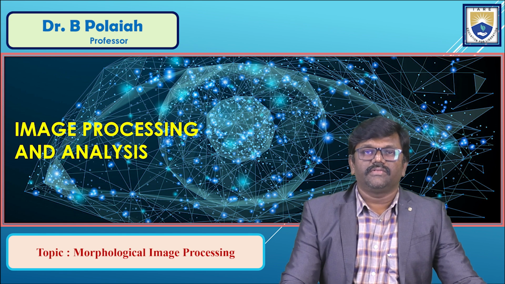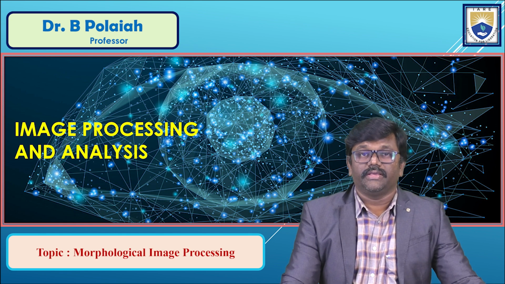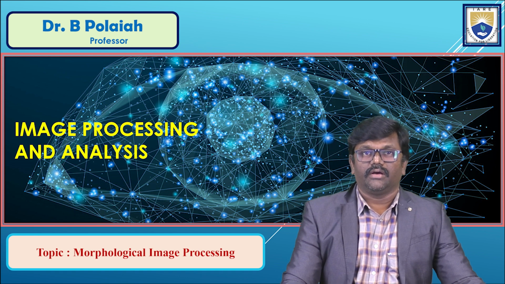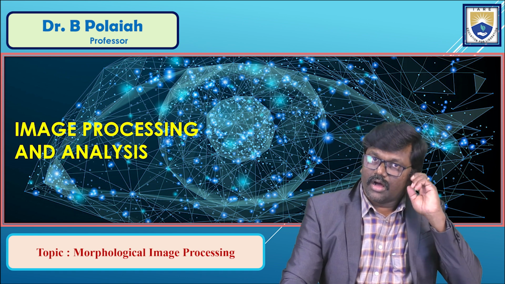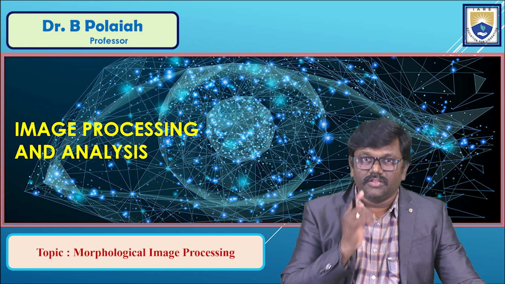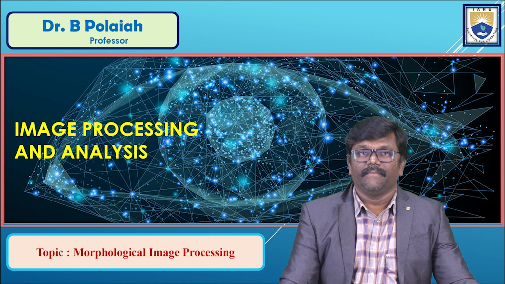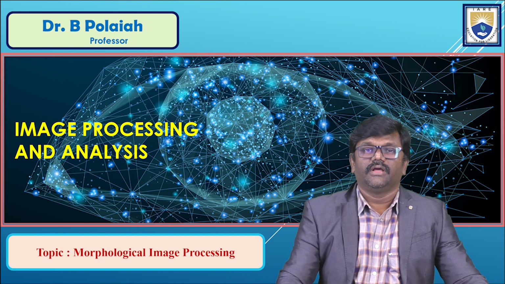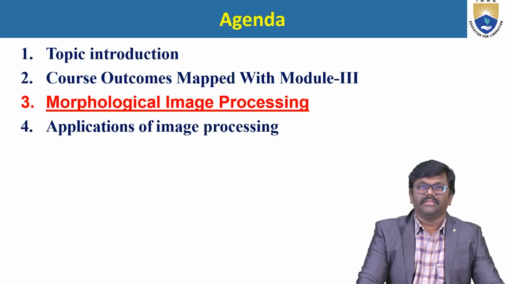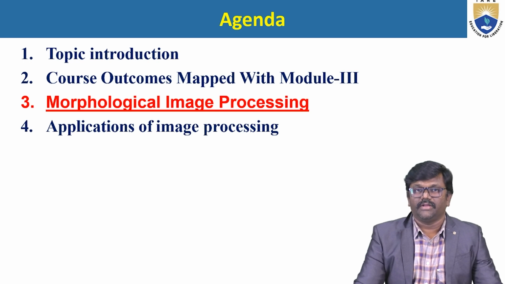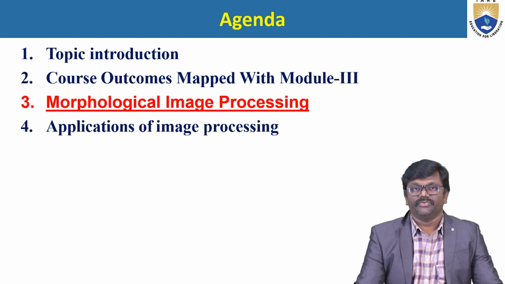This morphological image processing topic is an important topic playing a vital role in every industrial process. We are going to see this importance from the basics onwards, with the help of an agenda. As all of you know, the agenda for each and every lecture that we follow has 4 points.